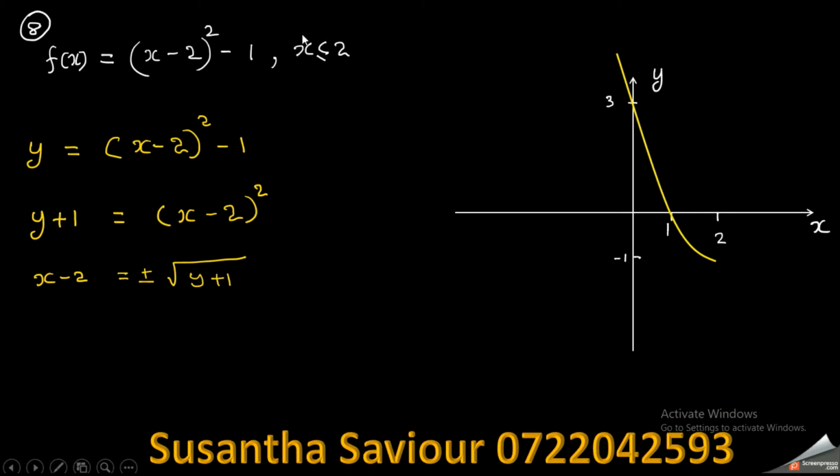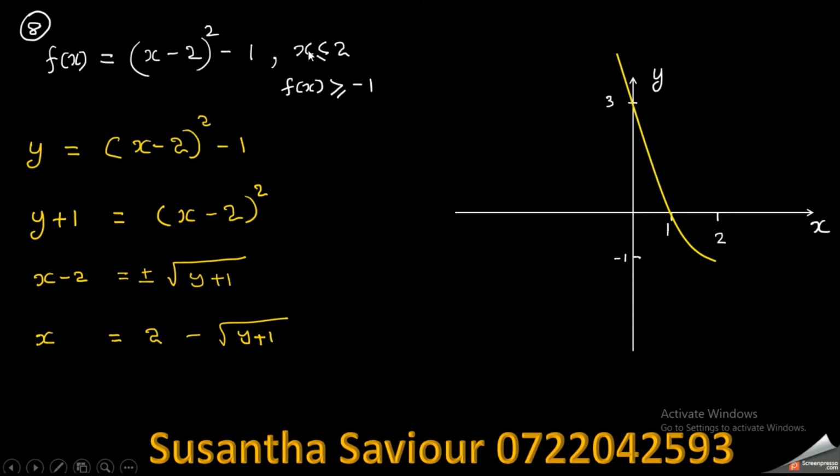Now if you look at the domain of the original function, it is less than or equal to 2. Therefore the range of the inverse should be less than or equal to 2. Now if you write it like this, x equals 2 plus or minus this one. If you take plus, the range of this will be more than or equal to 2.